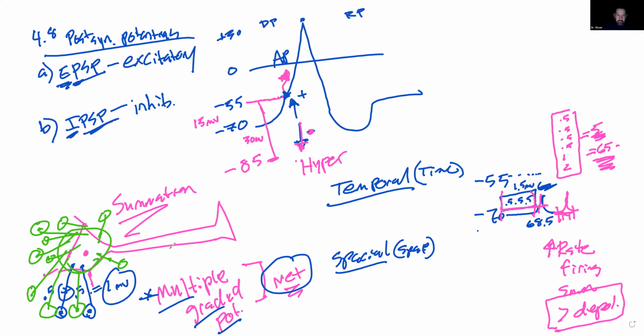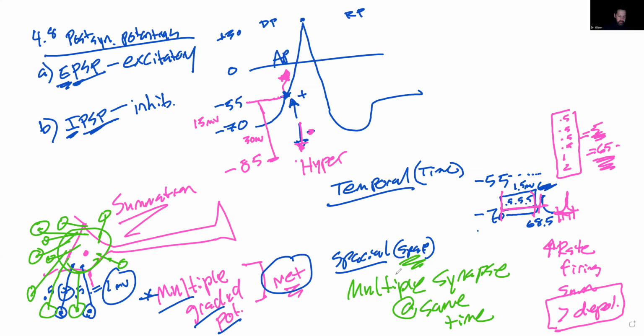If you sum up the spatial area of these neurons that are sending multiple synapses that are active at the same time on that neuron, you can sum all these up, and these will also be able to generate a greater depolarization.